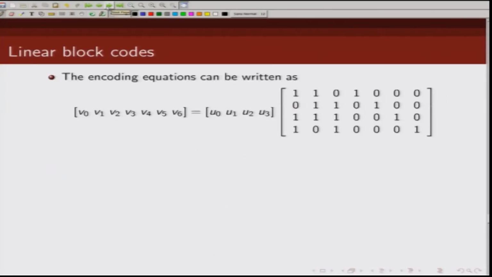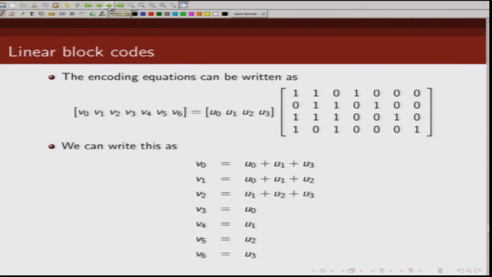So, the encoding equation, since this was our generator matrix G, this is our information bits, message bits U, and this is our coded bits V. So, we can write V as U times G. It is a (7,4) code, so there are 4 information bits, which I denote by U0, U1, U2, U3, and there are 7 coded bits, which I denote by V0, V1, V2 to V6, and this generator matrix I have already given you. So, I can write down the encoding equations.